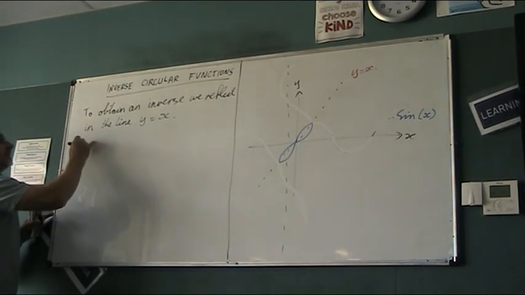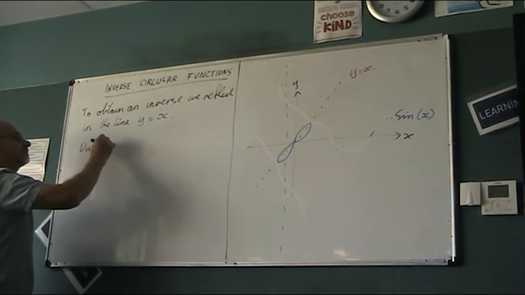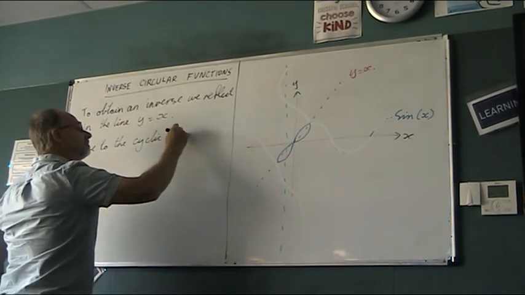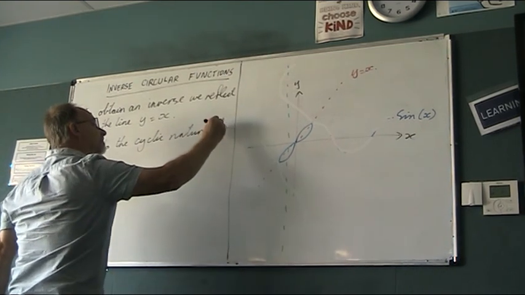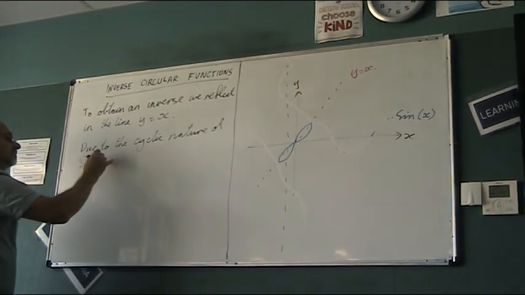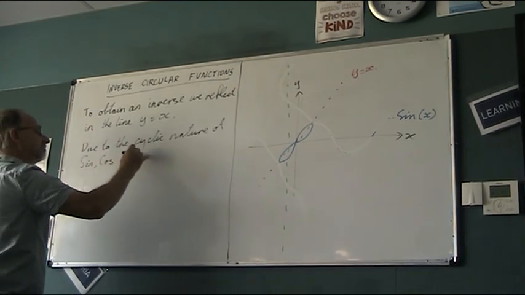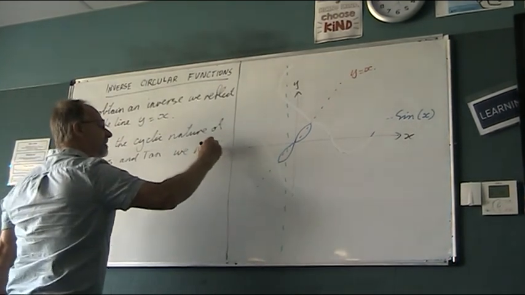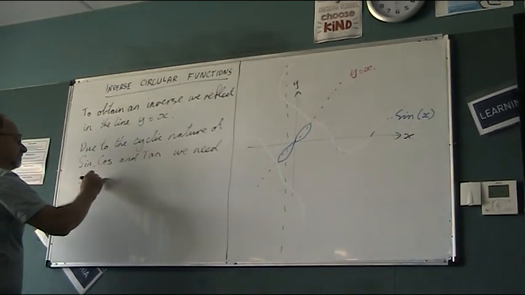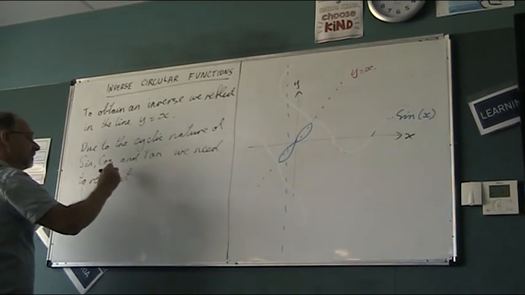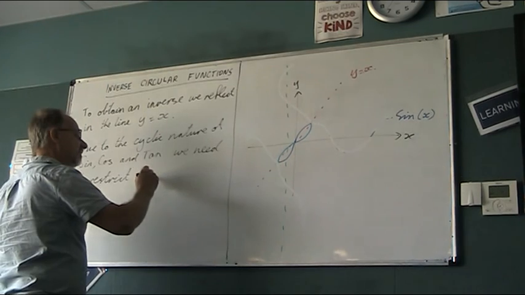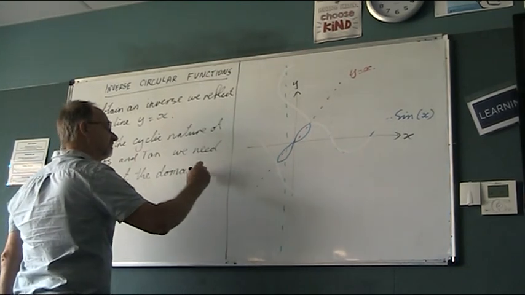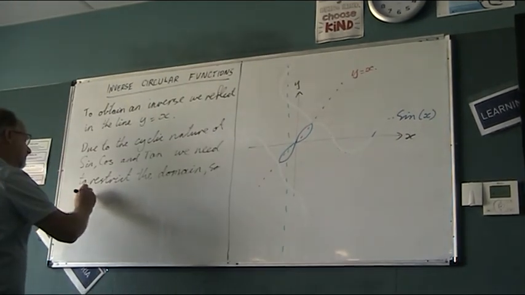And due to the cyclic nature of sine, cos and tan, we need to restrict the domain so that the inverse will be a function.